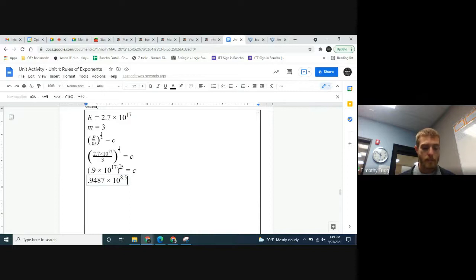So we have 10 to the power of 8.5, and then times 0.9487, roughly. So you should get about 300 million. So this is approximately, and notice I can use the approximately symbol right here.